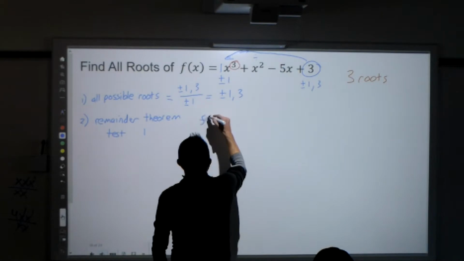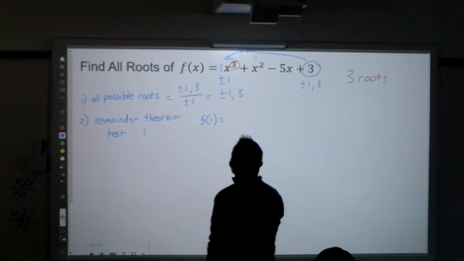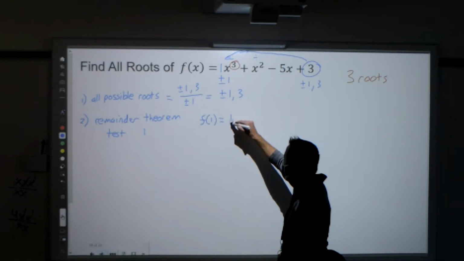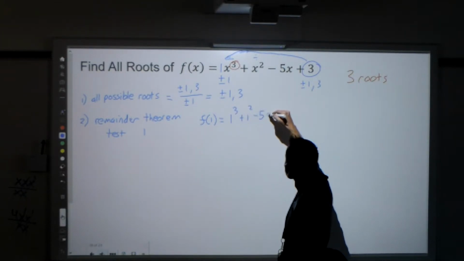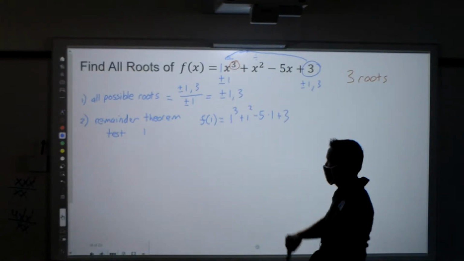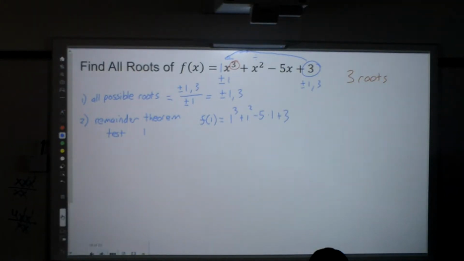So anywhere I see an x, I'm going to get 1. We have 1 cubed plus 1 squared minus 5 times 1 plus 3. Minus 5 plus 3.